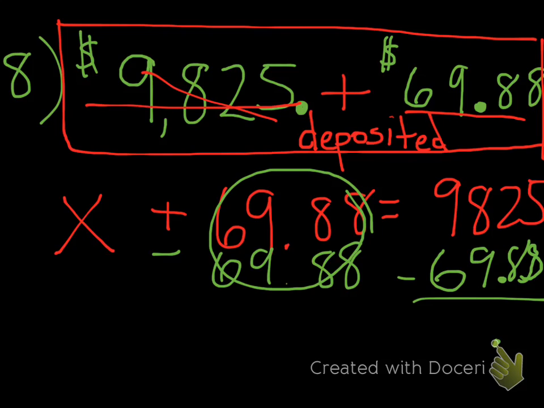That is so wrong. So let me take that away. And what we need to do is figure out, where's the decimal on the $9,825? Well, the decimal would be right here, next to the 5. So what I'm going to do is rewrite this.